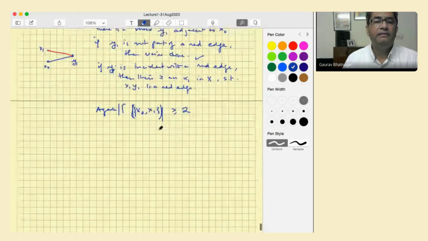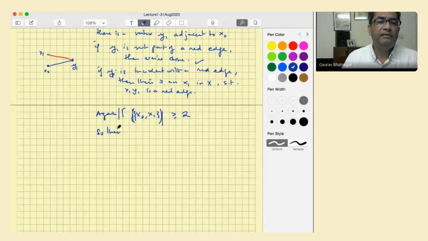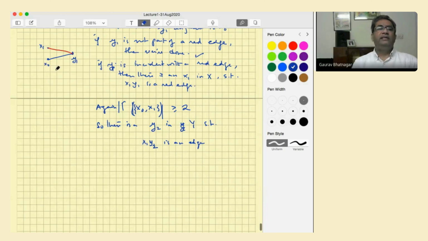So there is a y2 in Y such that x1 y2 is an edge. It can't be a red edge because it's a matching, so a vertex can't be in two red edges. It is a blue edge.